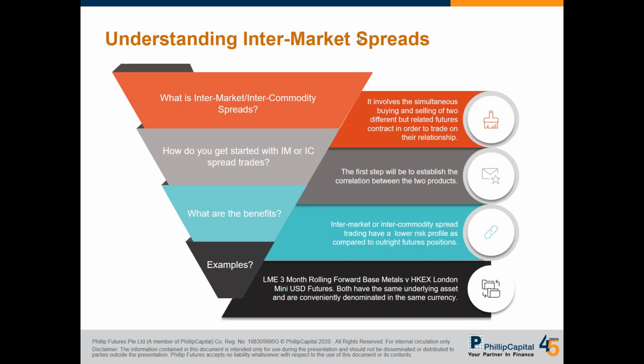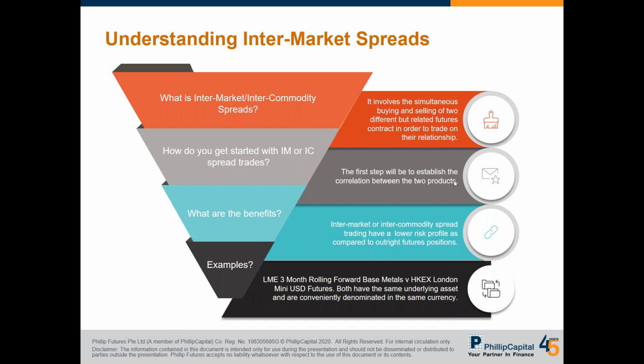Next, I'll go on to the intermarket spreads. So what is an intermarket spread? As I said previously, it involves simultaneous selling. Basically, it's the same underlying asset, but hosted in a different exchange. So how do you determine whether it is worth doing?